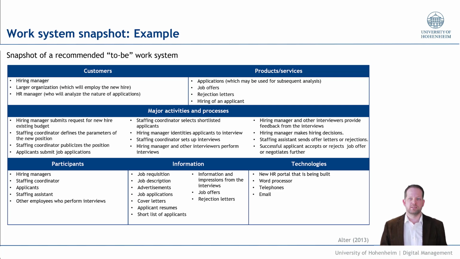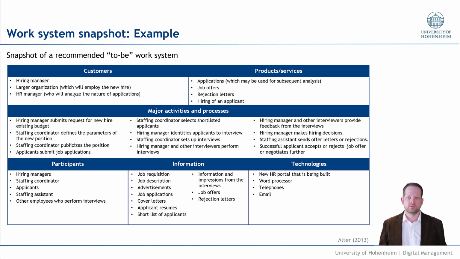The information used in this work system is job requisitions, job descriptions, advertisements, job applications, cover letters, and so on. And obviously, if you saw in the products and services that rejection letters are one of the products produced in the work system, then rejection letters are one piece of information in this work system.